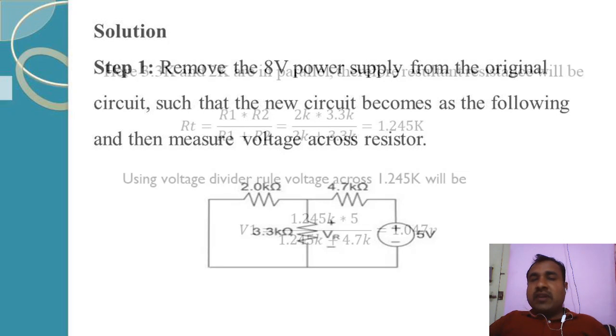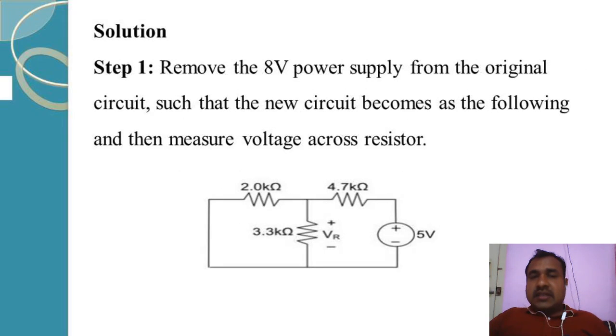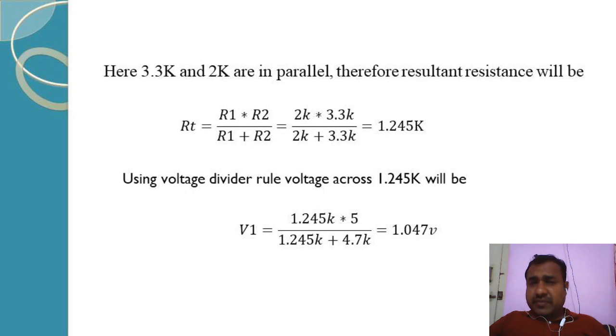Now we need to find the voltage across the 3.3 k ohm resistance. How can we find that? Using the voltage division rule. The voltage division rule says: supply voltage into the resistance at which you want to find the voltage, divided by total resistance.